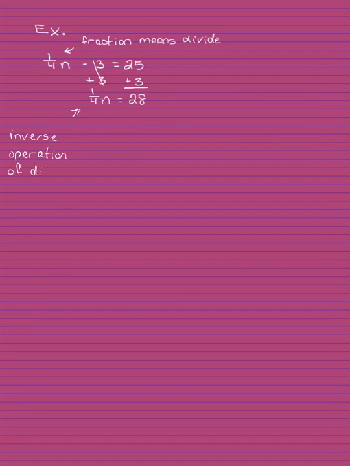I need my variable to be by itself, and I need it to be 1 n. So I'm going to multiply 1/4 by its opposite, by 4 over 1, which means I will multiply 28 by 4.